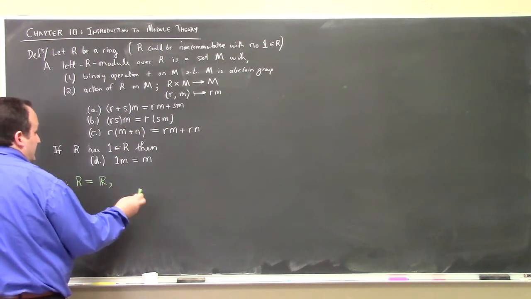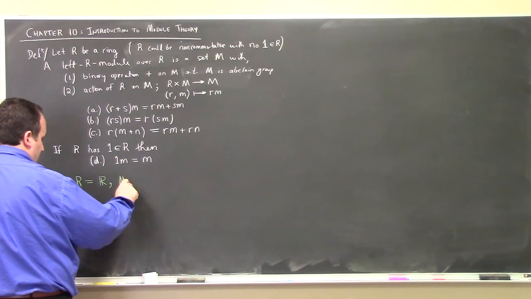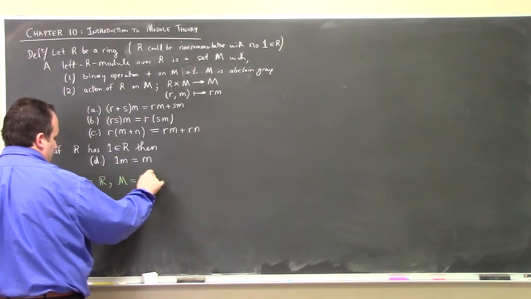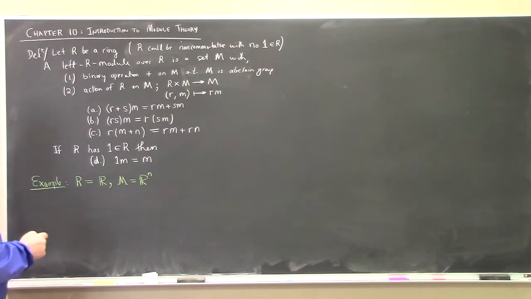And we let M equal to, say, R^n, right? So is R^n an abelian group? I would hope so.